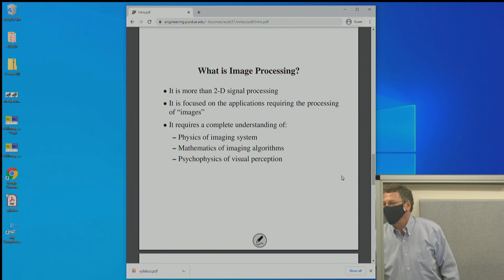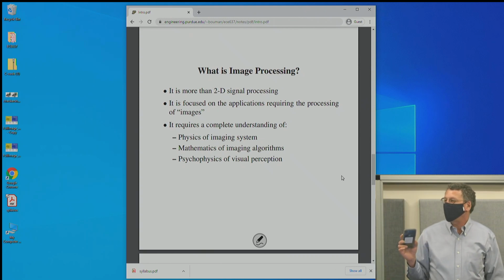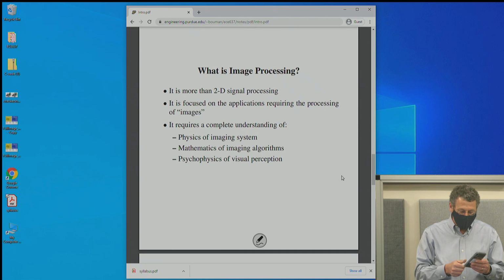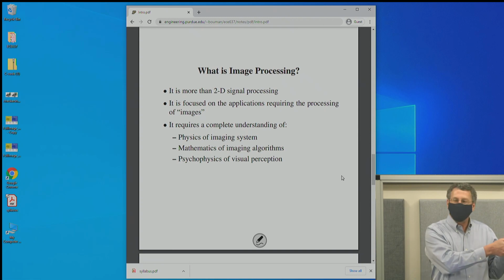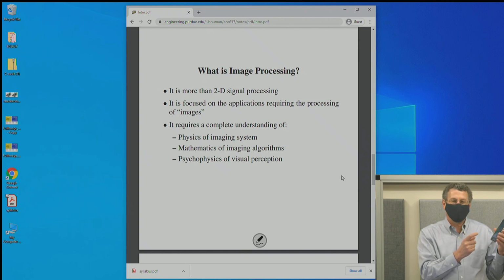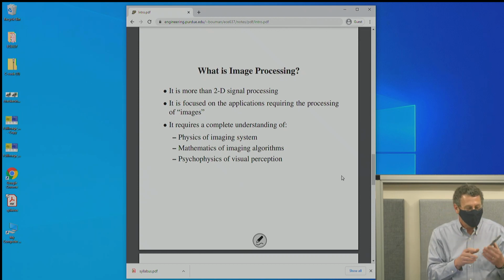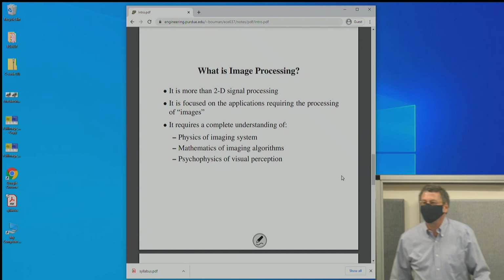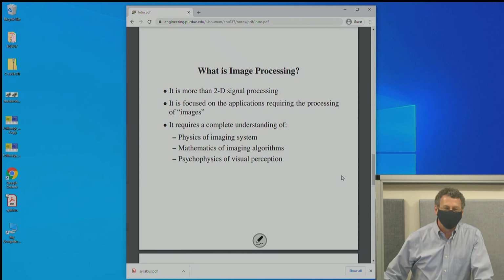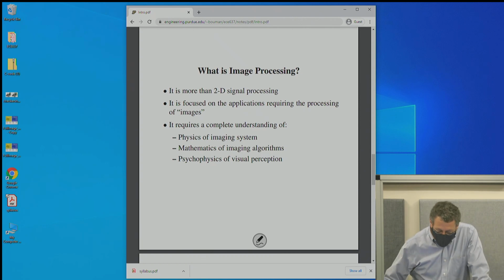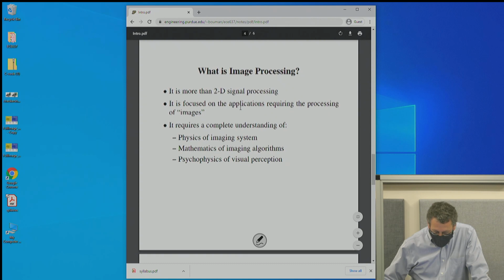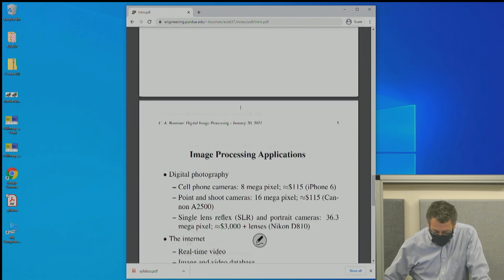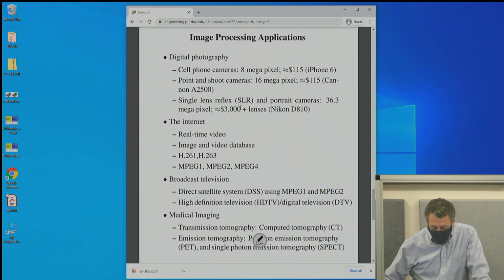Also, how many people have an Android phone that has the through-the-screen fingerprint detector thing? Okay, the person who developed that algorithm took this class. Okay, so we're going to learn things that can be valuable.